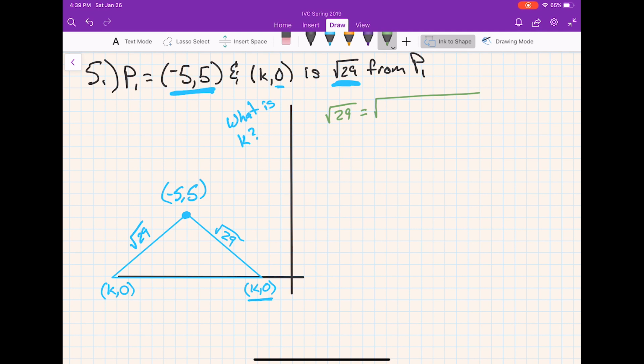So we'll have to label one of these points as, well, I mean, we're using the negative 5, 5, and the k comma 0. So I'll just put the quantity x plus 5, that squared, plus, well, I know the y coordinate is 0, but I don't know.